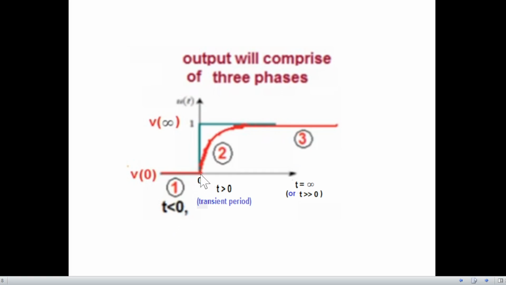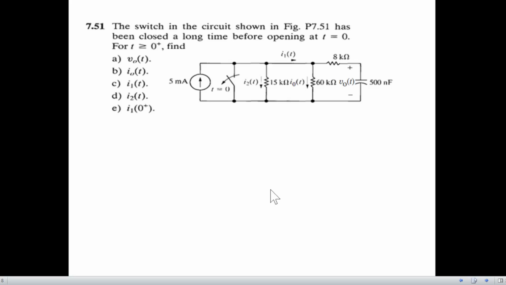The other is immediately after 0, we call it t greater than 0. But actually keep in mind that this is the transient period. So the capacitor is charging in this region, and then after 5 tau this becomes steady state, and we call that t infinity or t greater than 0. So we will be using this, and keep this point in mind.